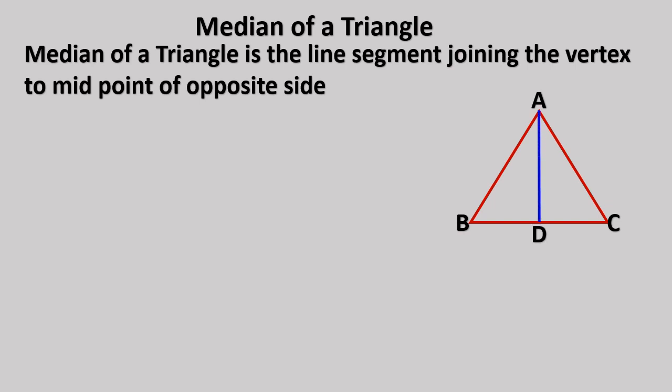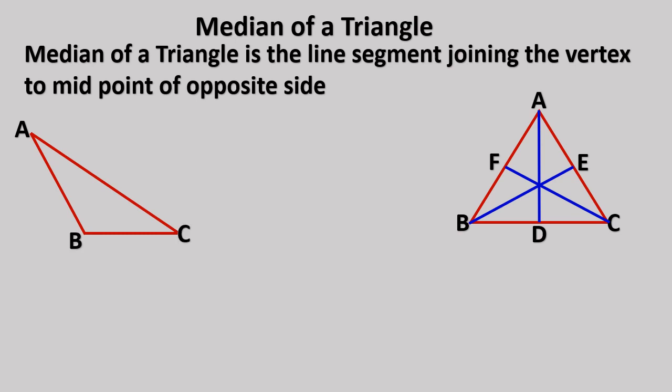Yes, AD. This is the median. Similarly, from B to the midpoint of AC, that is BE, from C to the midpoint of AB, CF. So AD, BE, CF are the medians of this triangle ABC.